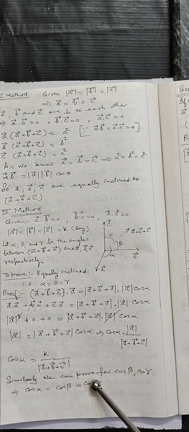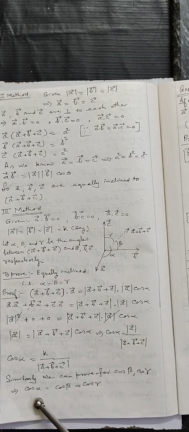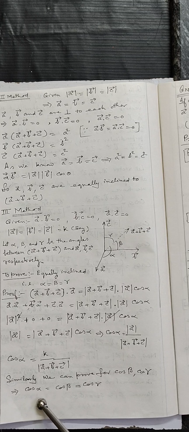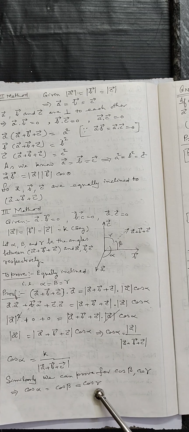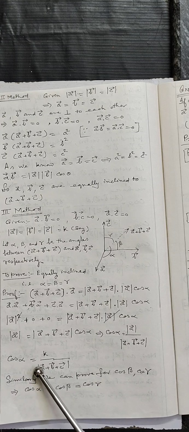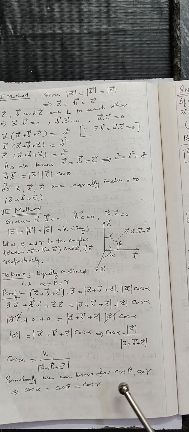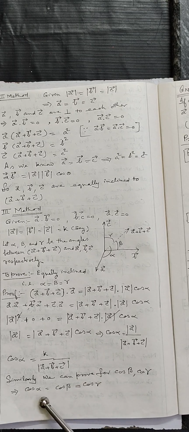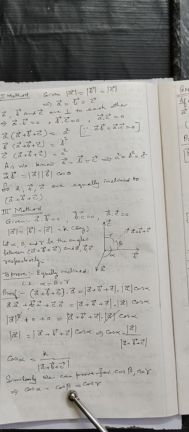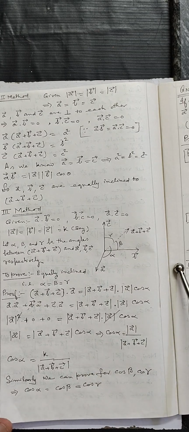Similarly, we can prove for cos beta, cos gamma, and hence cos alpha will be equal to cos beta is equal to cos gamma. हर एक केस में आपको यही मिलेगा, cos alpha, cos beta में भी यही सिचुएशन आएगा, cos gamma में भी यही सिचुएशन आएगा. Hence these three are equal and it was to be proved. Hence it is proved. Now come to the question number 15.